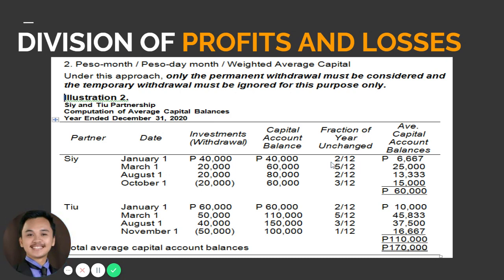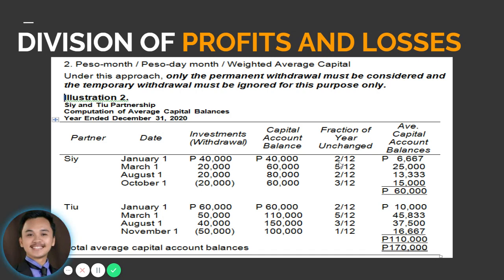Fraction of year unchanged means how many months your capital account balance remained at 40,000. So we check the second entry, which is on March 1. From January, February, your capital account balance of 40,000 does not change. Therefore, the fraction that you will be using here will be 2 over 12.